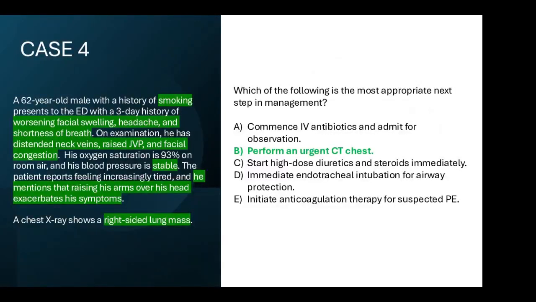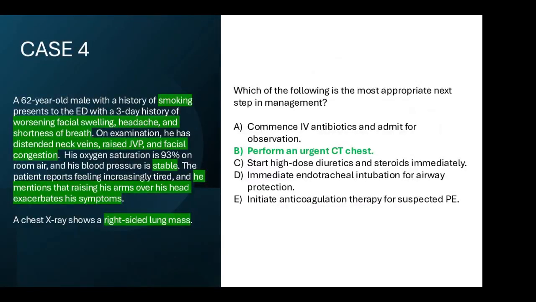But in this case, it's not addressing the main concern, which is our suspicion of SVCO. What we want to do is get a CT chest to confirm that diagnosis, because unless we have that diagnosis, we can't offer definitive treatment, which will delay the treatment that he needs. So I hope that answers that question, and let me know if there are any other questions.